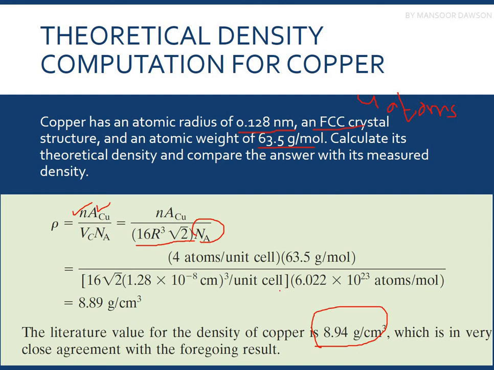We will be putting the values inside, and the answer is 8.89, which is approximately equal to the actual density of copper. So we can say that our answer is around correct.